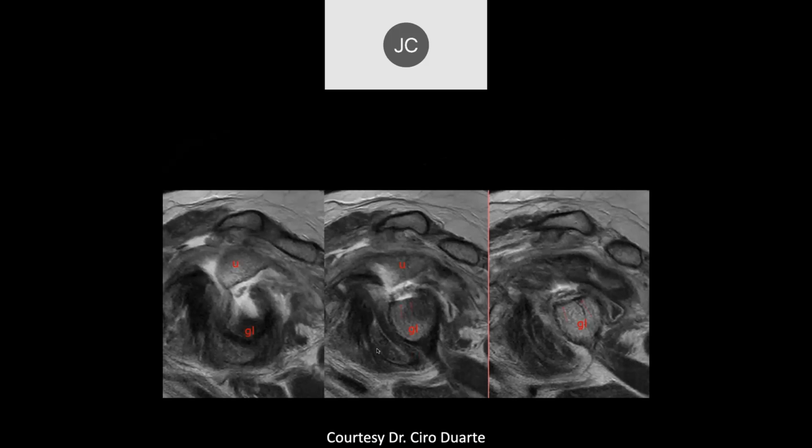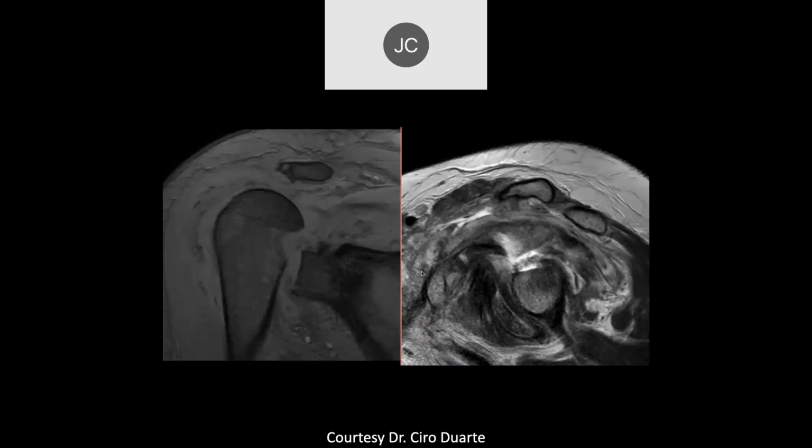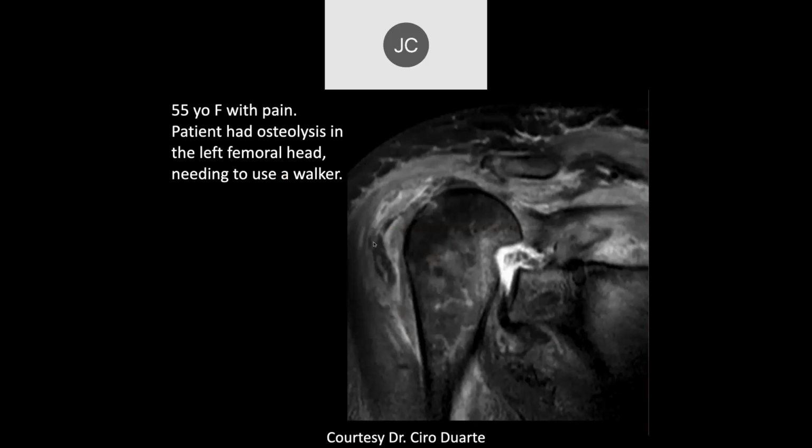Looks like there was some kind of impaction injury between the humeral head and the glenoid. And this patient had a superior dislocation and had the torn CC ligaments, and that was from repetitive impaction of the head against the glenoid.